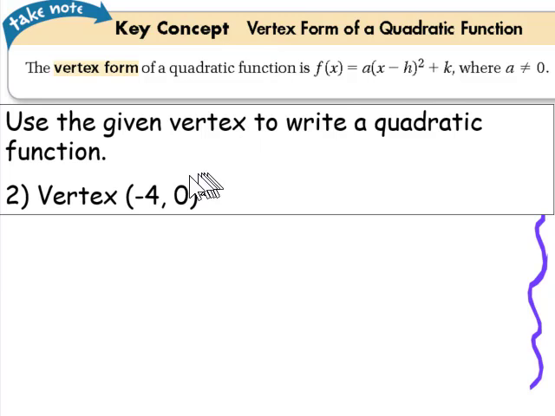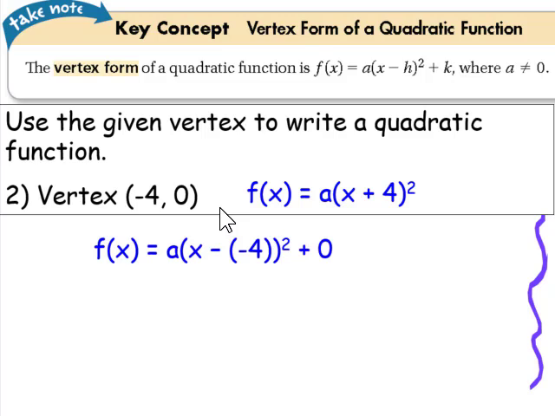On the next case, since there's already a minus a negative is a plus 4, and then plus 0, which we don't have to do. So it would look something like this. Minus a negative is a plus 4, and when we add 0 to anything, it's the identity property. We just get itself.